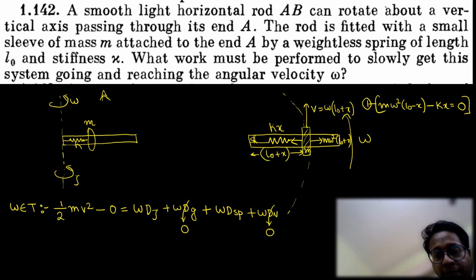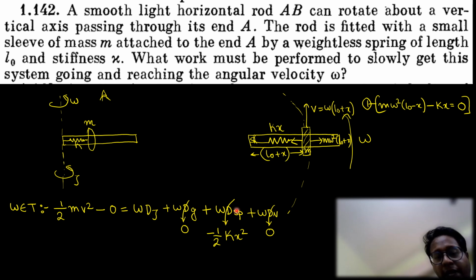And what is work done by spring? Initial minus final. What is final? Minus half k x square, where x is the extension, because spring force is always opposite to the direction of displacement out here.